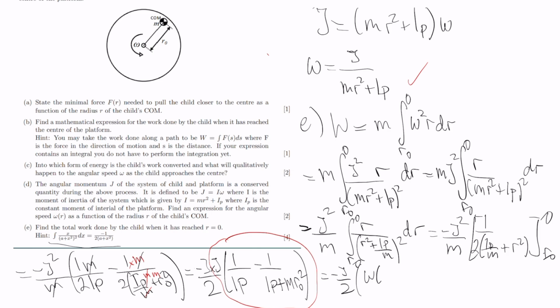So omega at r is equal to 0, take away omega at r is equal to r naught. I think that's right. Cool. So this here is actually a really fun and interesting result.